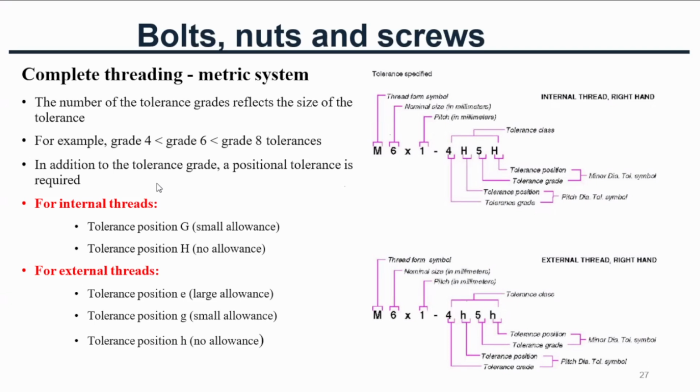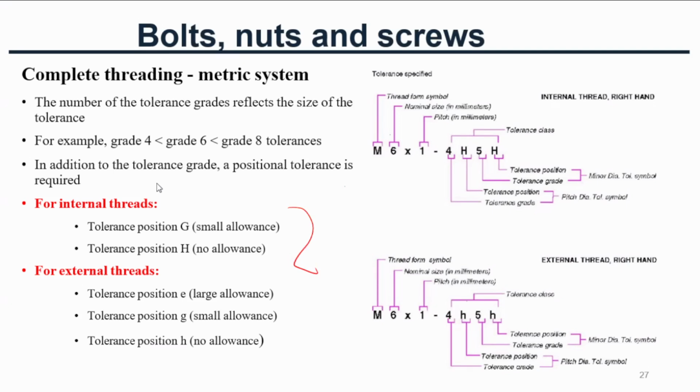Then tolerance position defines the location of the tolerance zone relative to the basic size. It provides allowances. Allowance means clearance. For internal threads we can see capital G and H. G means small allowance, small clearance, light clearance.